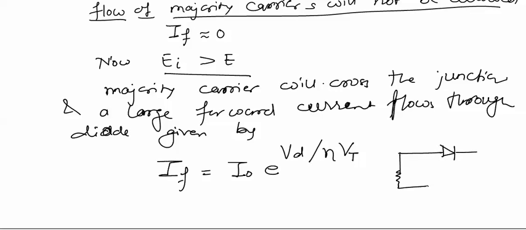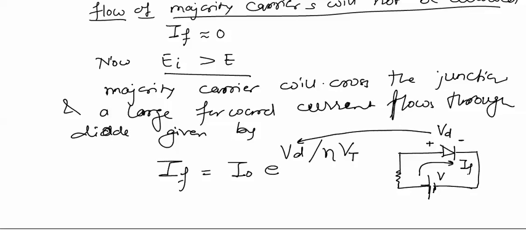This was the PN junction which was forward biased. When we apply a supply voltage V across this PN junction, there will be some voltage drop V_d, and this voltage drop is considered in this equation. The current flowing through this diode is called I_F, and this equation is written for this current.